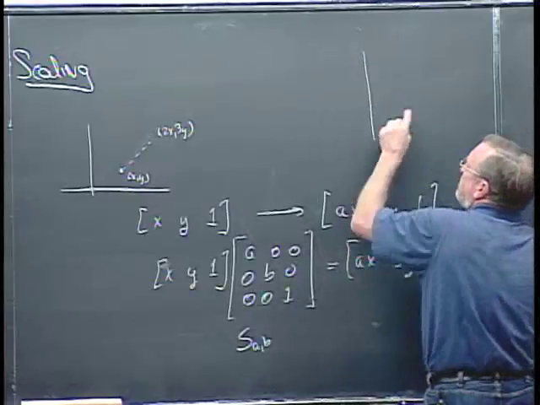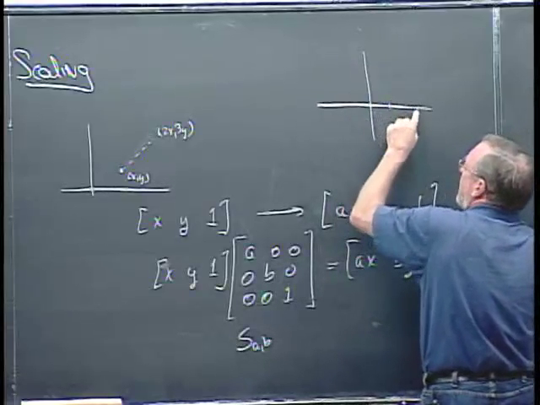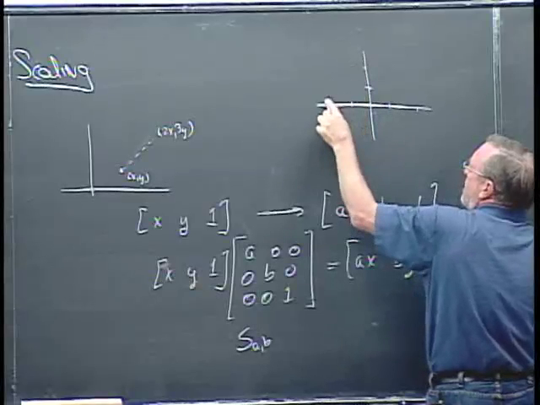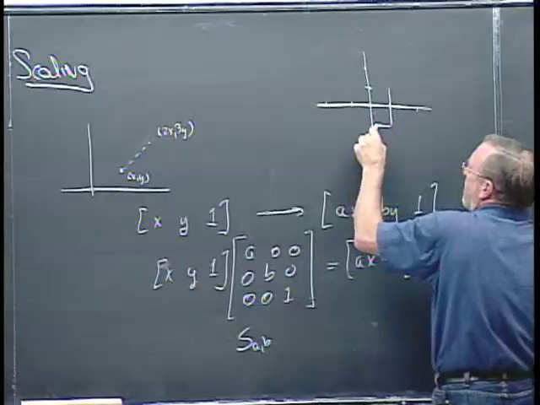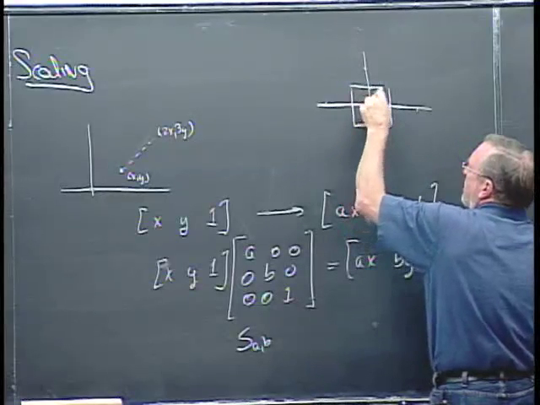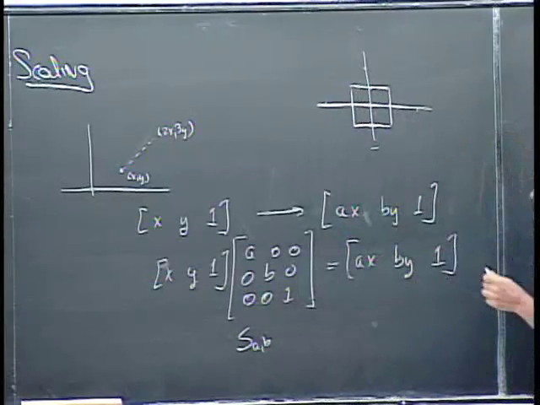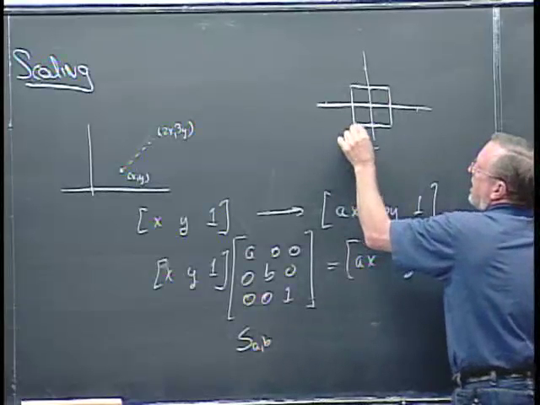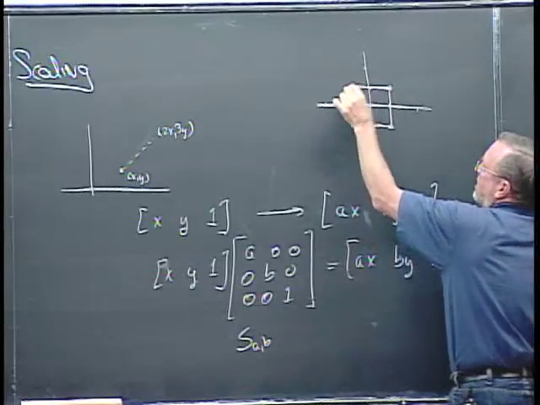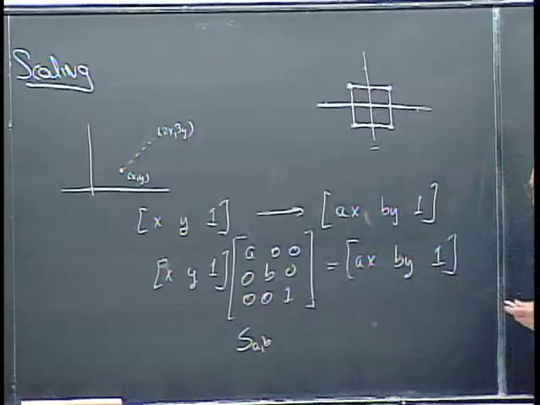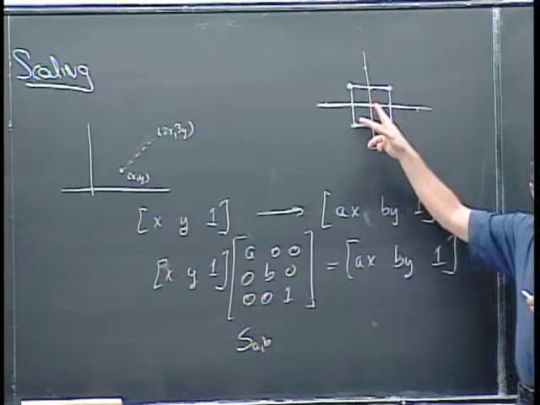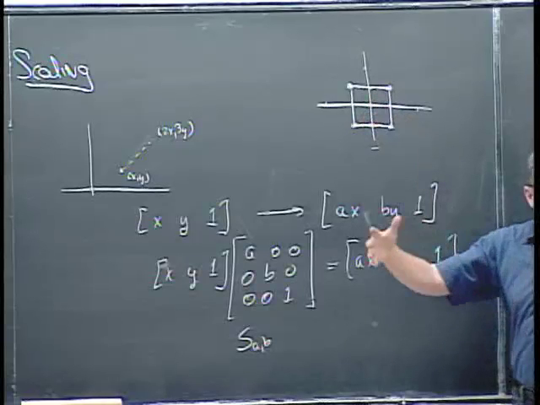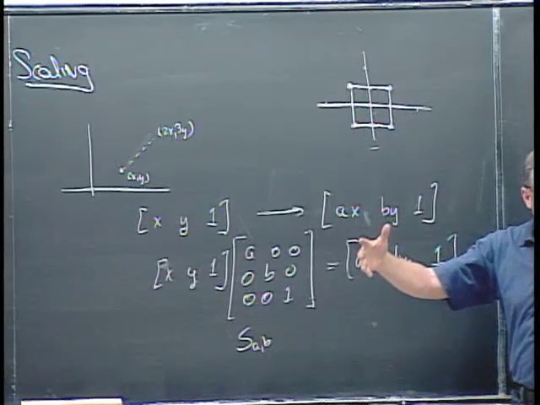Suppose I had a unit square here, like this. A square with 4 points, maybe 2 units on a side, and I wanted to make it a square 4 units on a side.